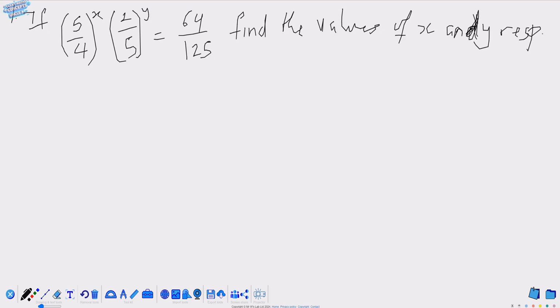So let's go ahead and solve it. Alright, so this is how it works. If you look at it, the numerator of the first one is 5.